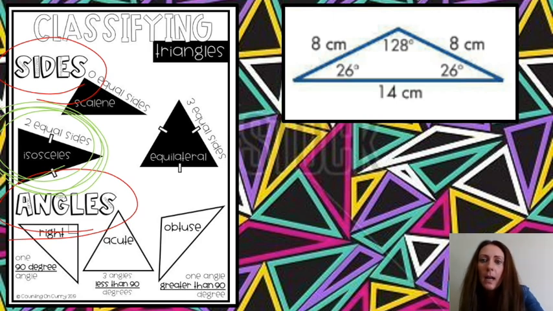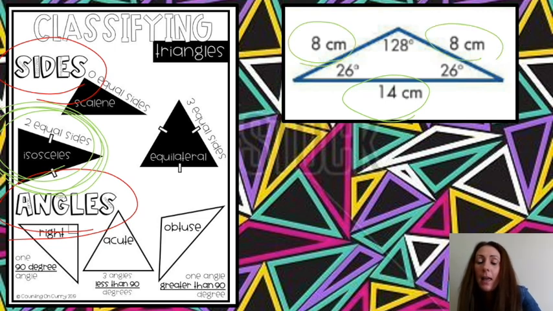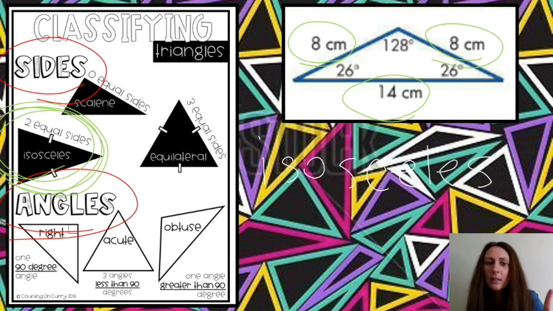Let's take a look at the sides. I have 14, I have 8, and I have 8. Well, that would make sense. I have two equal sides. So I definitely agree with you guys. Very nice job. So isosceles, I-S-O-S-C-E-L-E-S. Even Mrs. Bandy needed that chart to make sure that I spelled isosceles right.